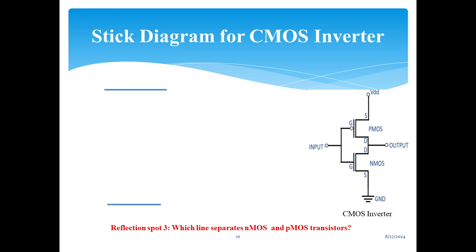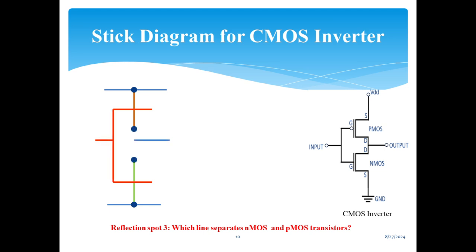The stick diagram for a CMOS inverter has PMOS and NMOS transistors which are connected. Here the metal contact is shown. Then this is PMOS and NMOS, P diffusion, N diffusion. Then the transistors are drawn with polysilicon. The contacts are drawn, and these are connected with a contact.